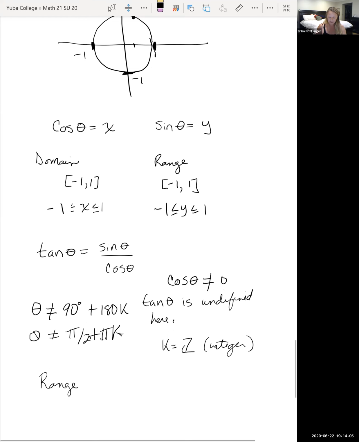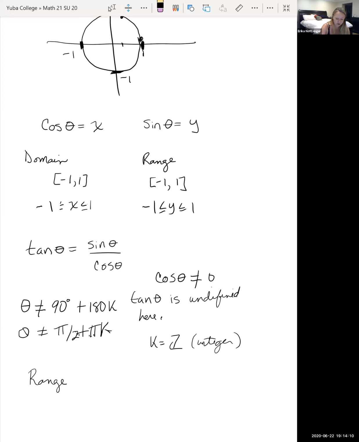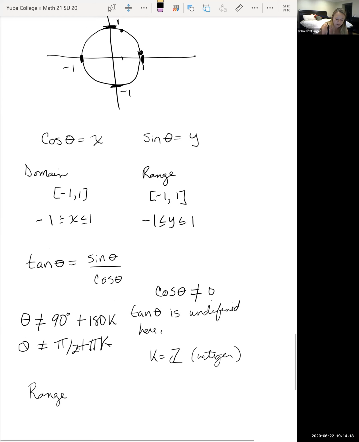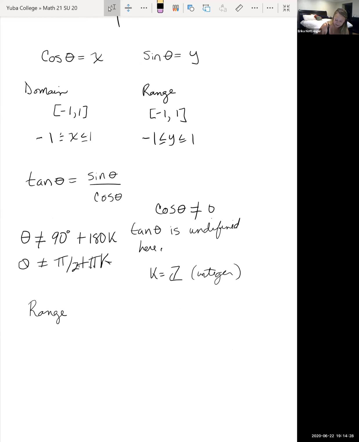Because basically, our y value is our numerator for tangent, and cosine is the x value. So if we think about some number close to 1 but not 1 divided by a very, very small number, and let's just look at it with 1 for a second, just to get the idea.